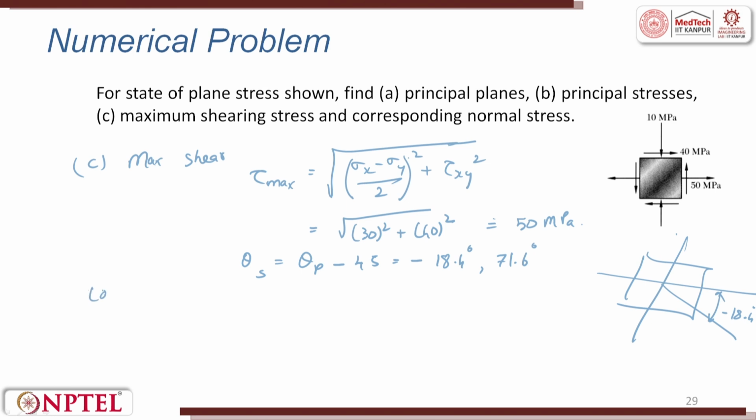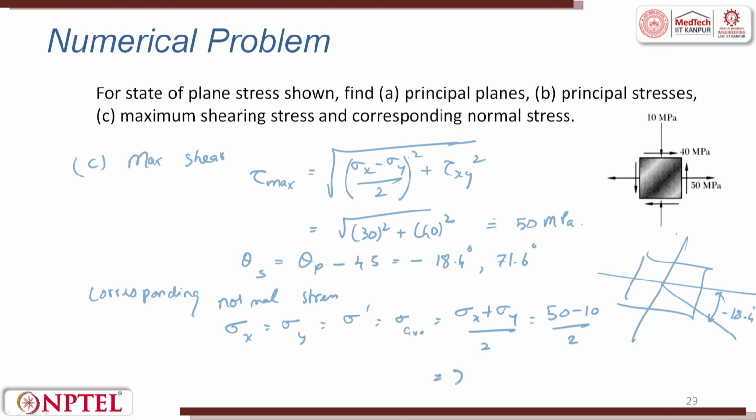So, the corresponding normal stresses will be nothing but sigma x equal to sigma y equal to sigma average, which is nothing but sigma x plus sigma y divided by 2, which is 50 minus 10 by 2, which is 20 MPa, which is sigma average.